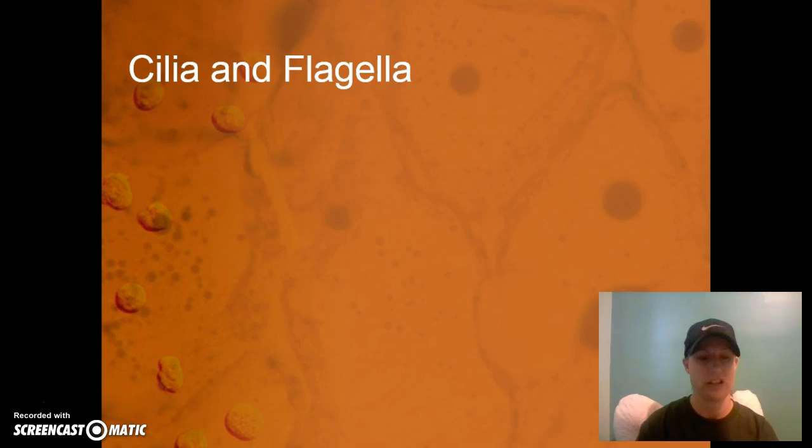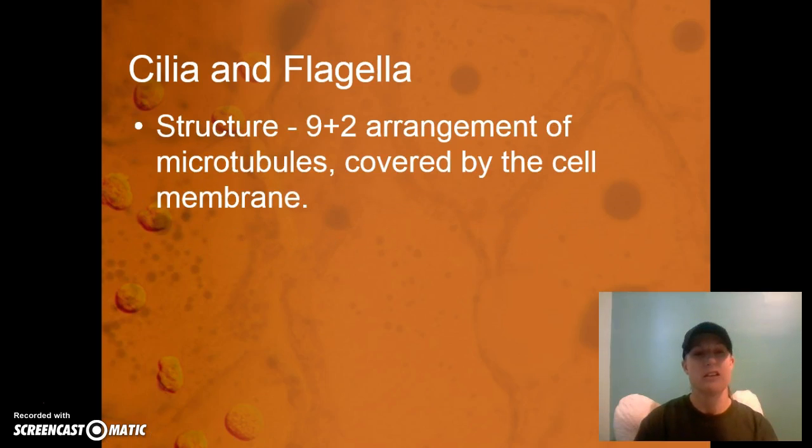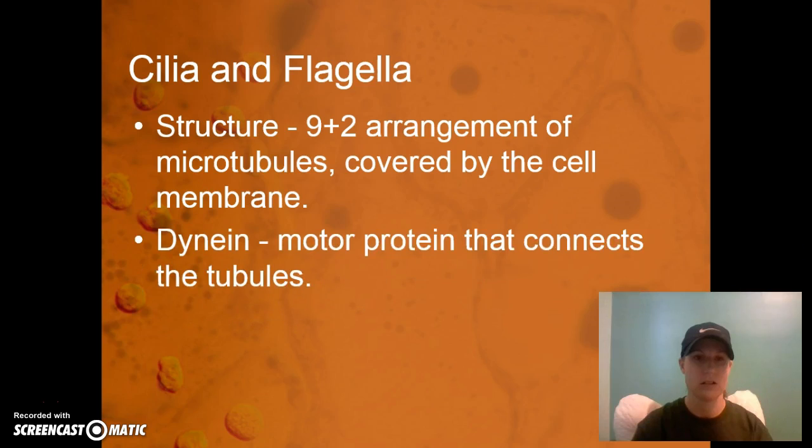So cilia and flagella: their structure is a 9+2 arrangement of microtubules, and it's covered by the cell membrane. Okay, so the cell membrane extends out over that cilia, and flagellum, I should say. It also consists of dynein, which are motor proteins that connect the tubules.